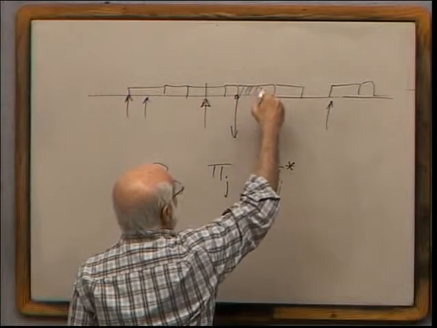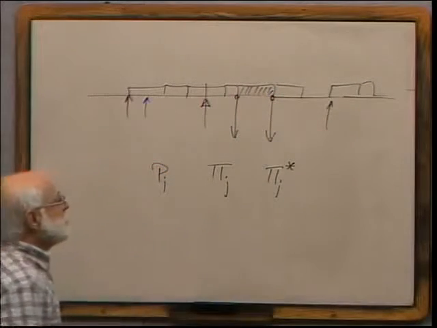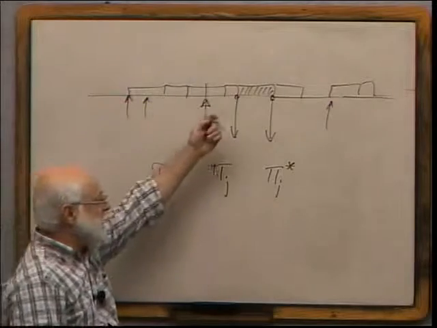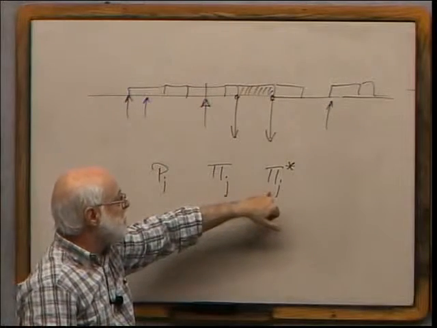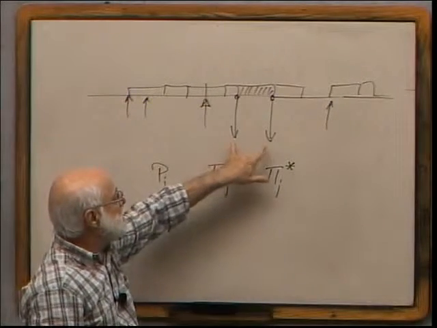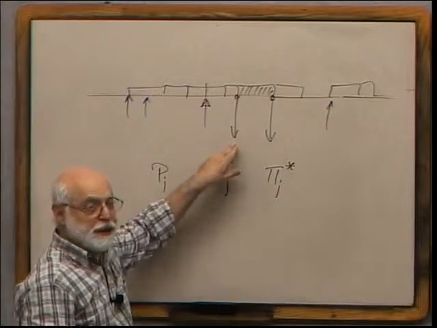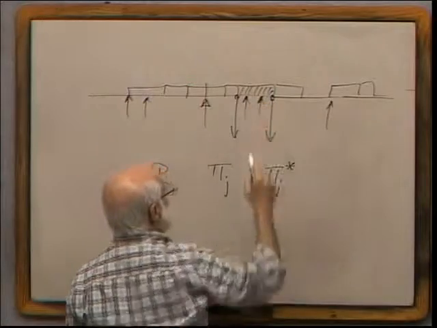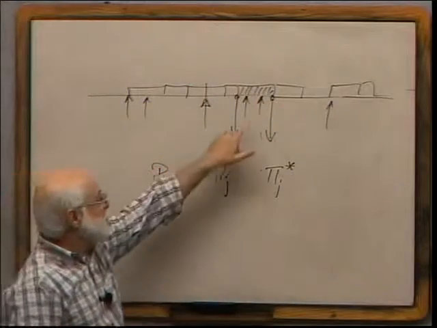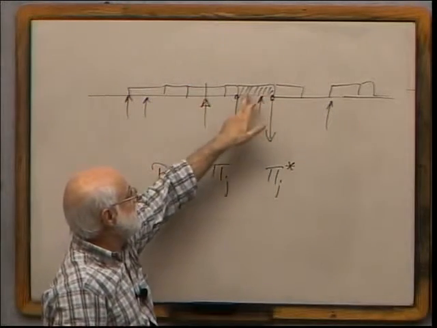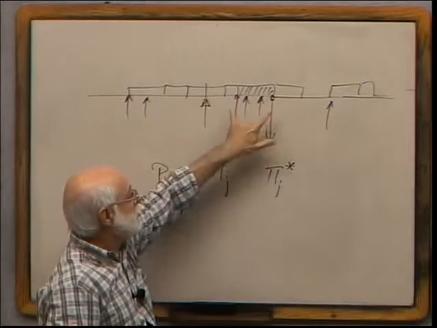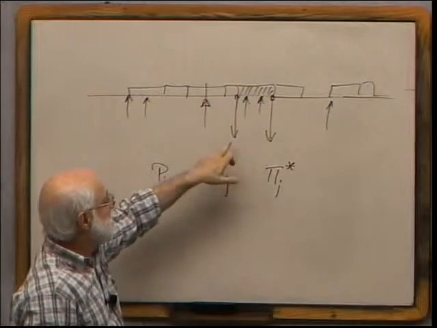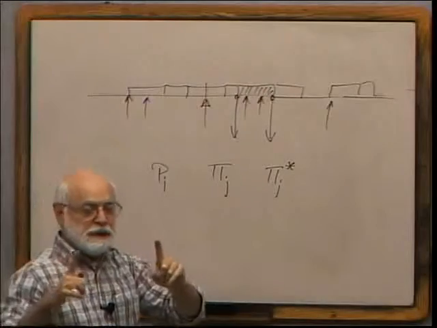So all I need to know in order to get equations for the pi stars is how much time separates the departures and how many arrivals occur during a service time. They occur according to a Poisson process, and I know the distribution of that time. The beauty of it is, if I'm embedding, you're said to embed a Markov chain.